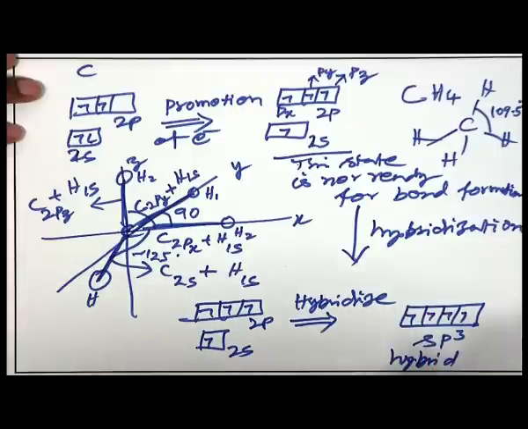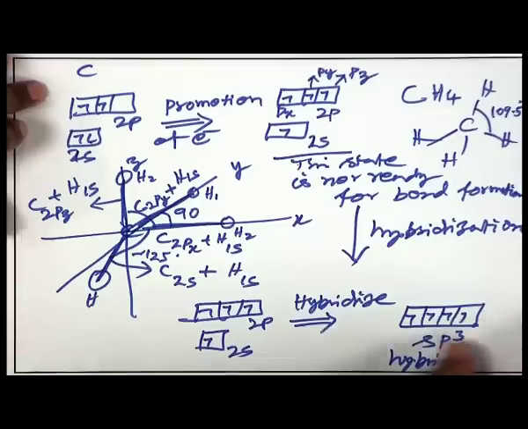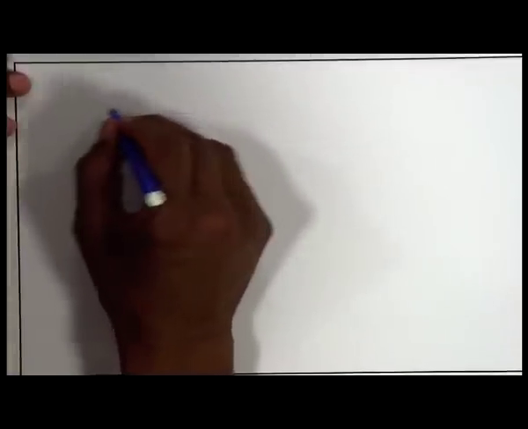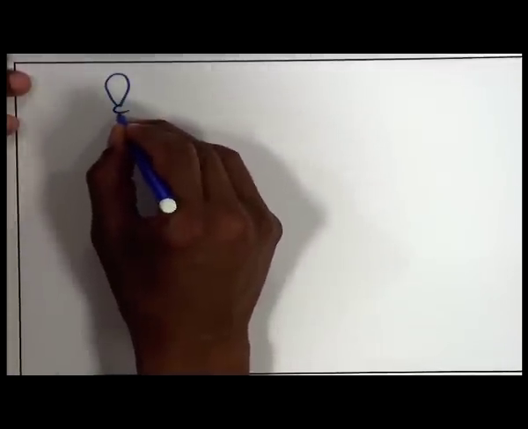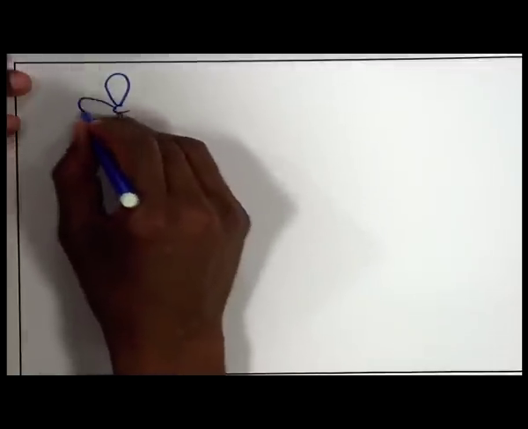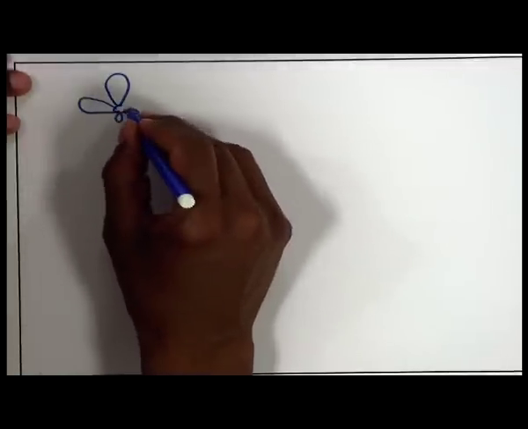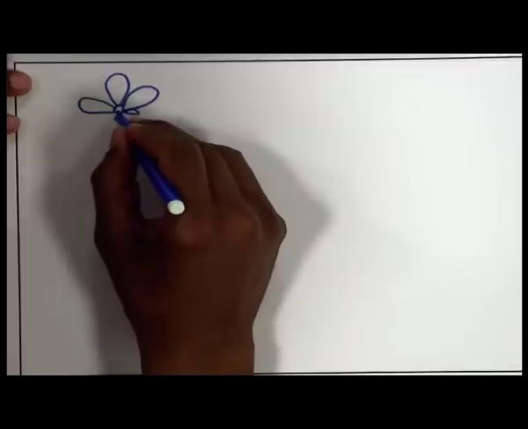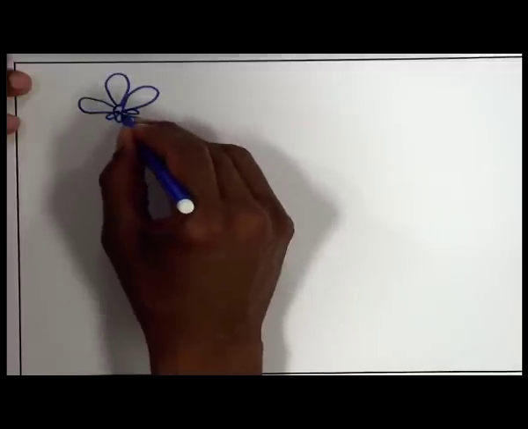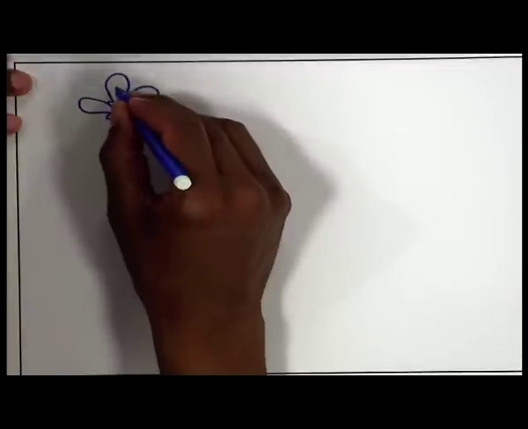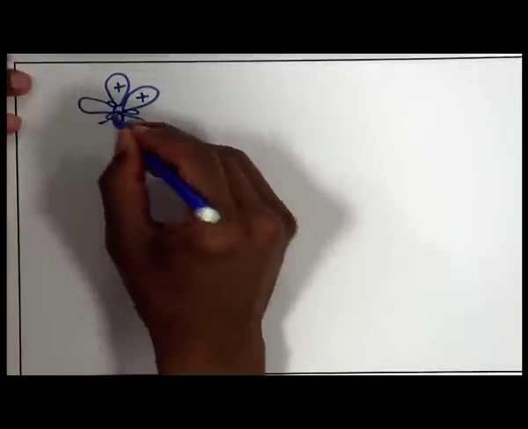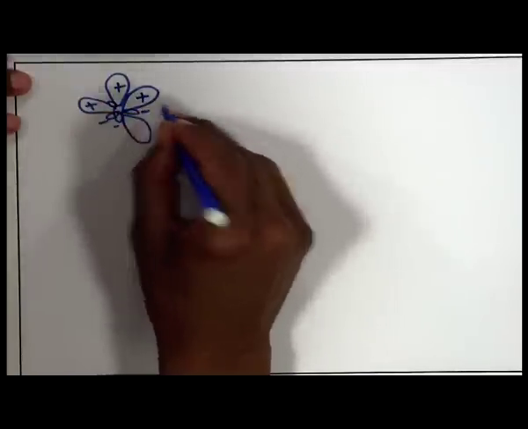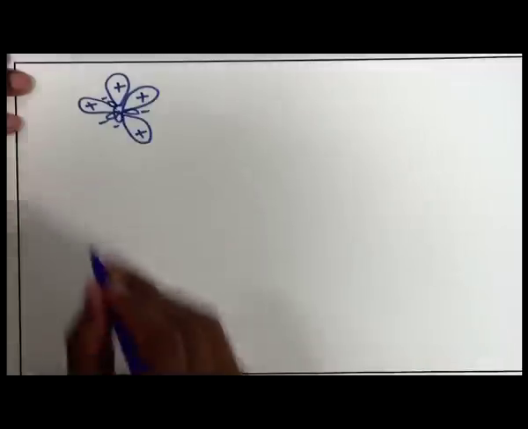They look like this: you have a carbon, and a lobe, a small lobe, and then a large lobe, and opposite there is a small lobe, then another big lobe. This sign is positive, this is negative. Similarly, this is positive, this is negative, and so on for each lobe.